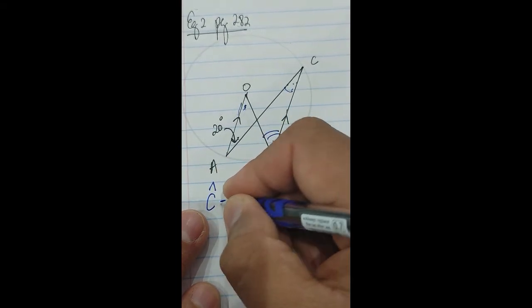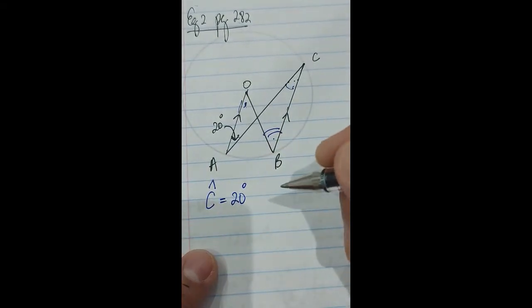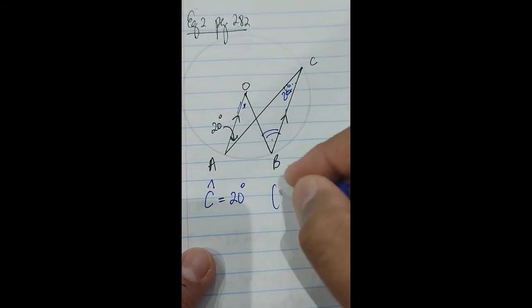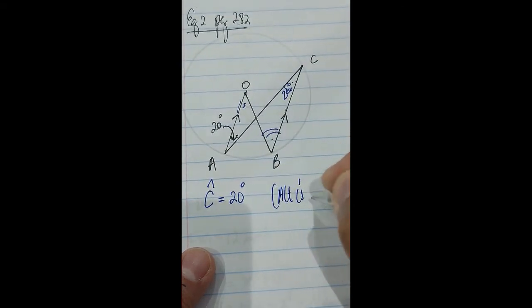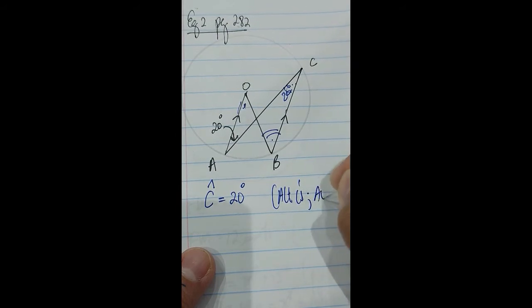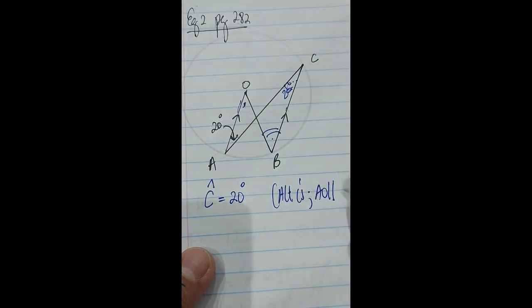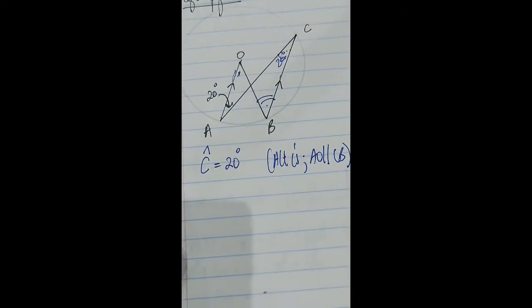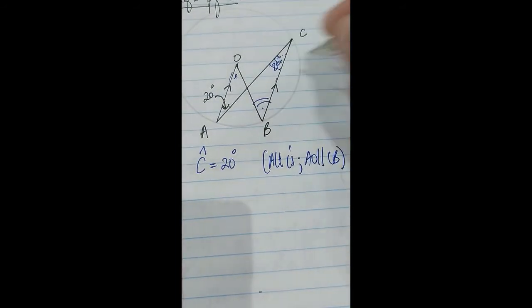So firstly, angle C is equal to 20 degrees. Why is angle C equal to 20 degrees? Because it's alternate angles, with AO being parallel to CB. So there's your 20 degrees.